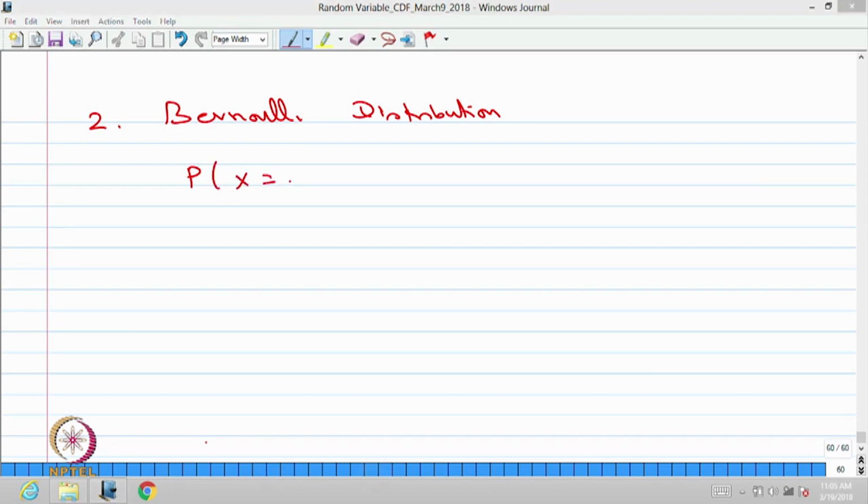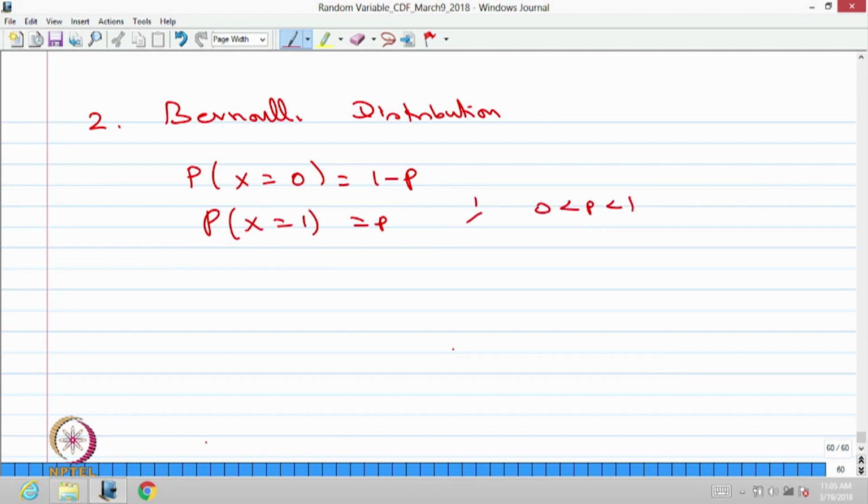Now, we will go to the second one, that is called the Bernoulli distribution. A discrete type random variable is said to be a Bernoulli distributed random variable when the probability mass function at 0 is 1 minus p and the probability that X takes the value 1 is p, where p lies between 0 and 1.